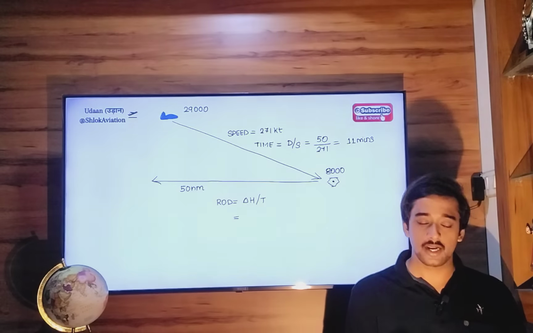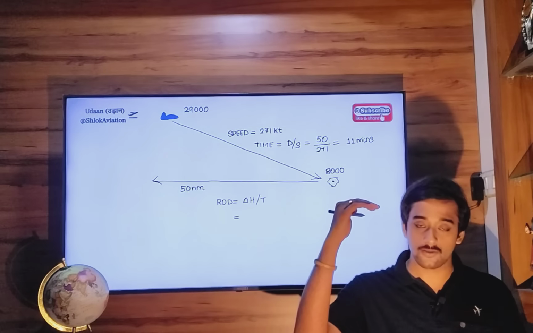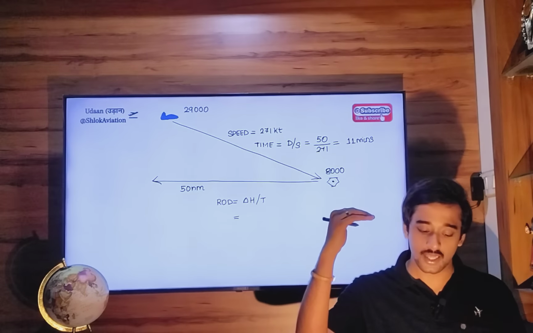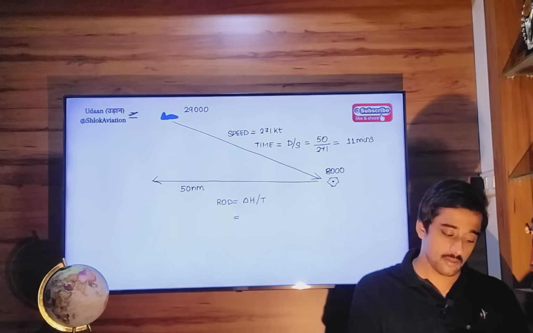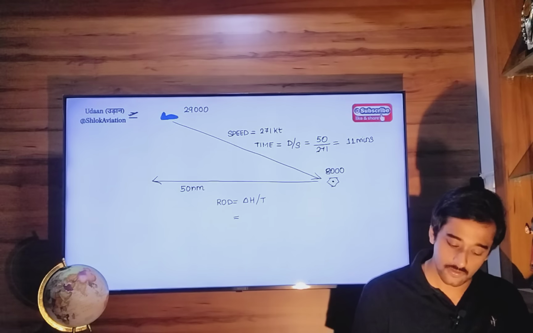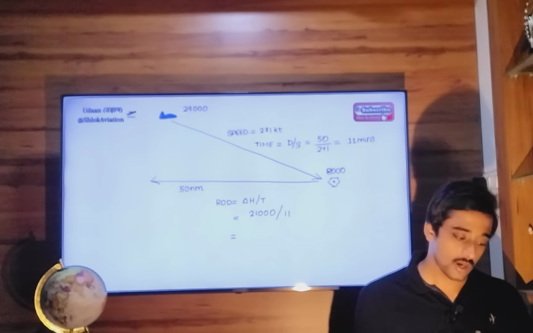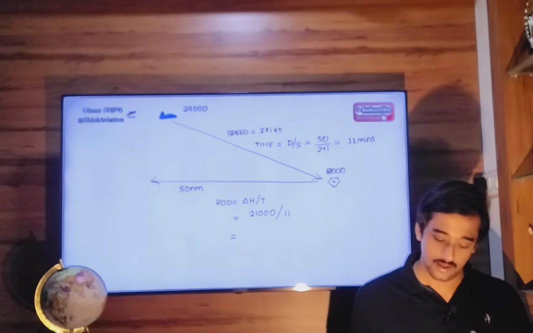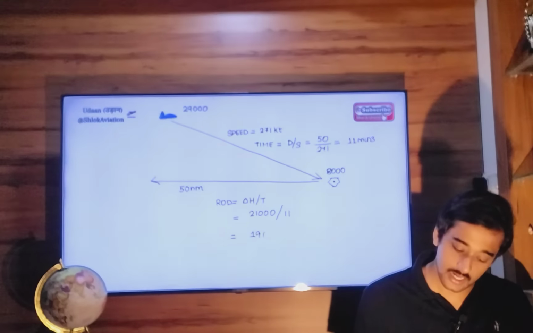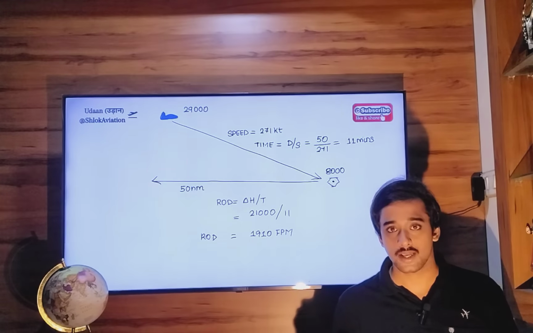So the change in height from descending from a height of 29,000 feet to 8,000 feet will be 29,000 minus 8,000, 21,000, divided by time 11 minutes. So 21,000 divided by 11 is 1909, or approximately 1910 feet per minute. So the rate of descent will be equal to 1910 feet per minute.